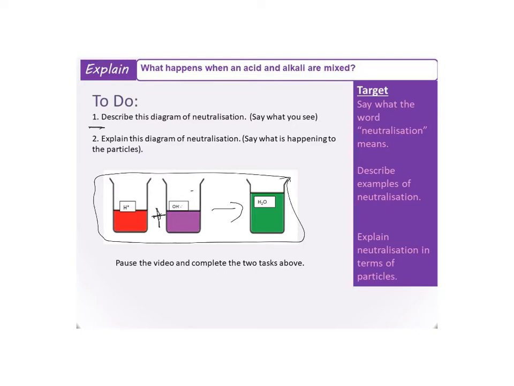If you choose to do the more challenging one, which is task 2, it's an explain. You have got to speak about the particles. So you need to say things like the hydrogen or the H plus, which is called a hydrogen ion. Let me write that for you. Hydrogen ion, and that just means that it's got a charge next to it, so it's either going to be a H plus or an OH minus.